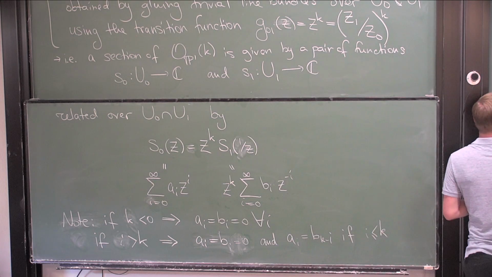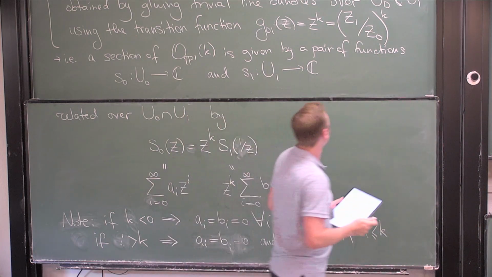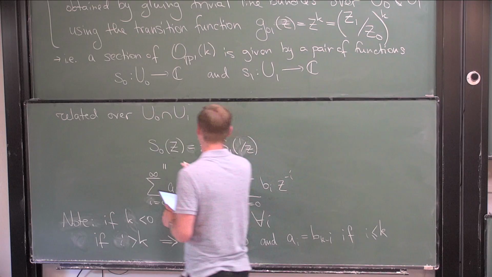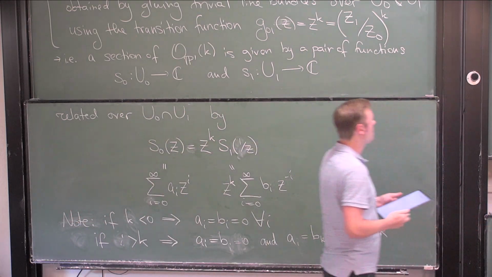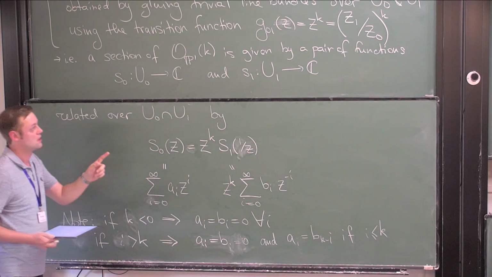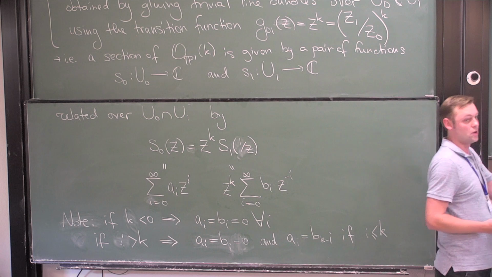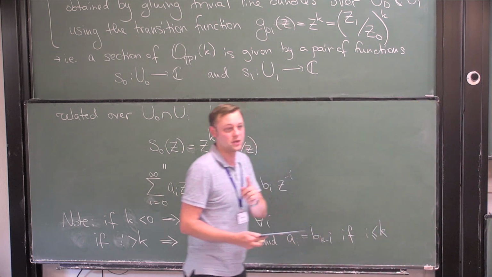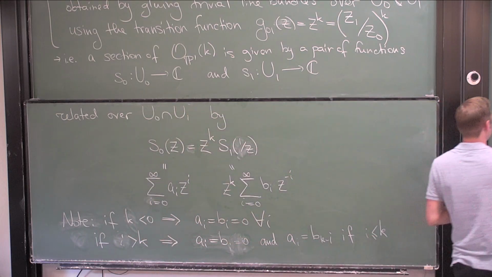The other neat observation from this, again by looking at a relation like this, is that the only one of these O of k bundles that has a global nowhere vanishing section is the one for k equals 0.